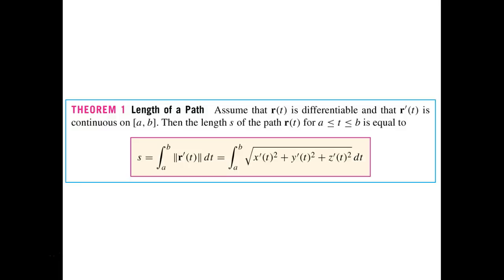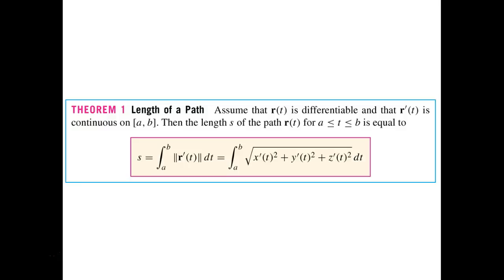Then you could, again, mathematicians hate when you say that, imagine you took out all those dt's, then this would cancel out, and basically what you would have here is the square root of change of x squared plus change of y squared plus change of z squared, which is your distance formula.